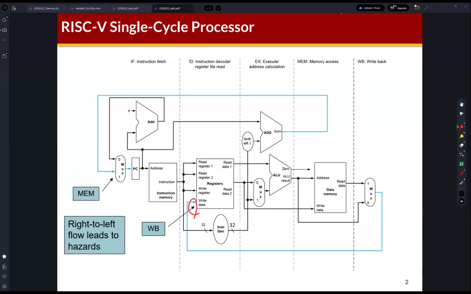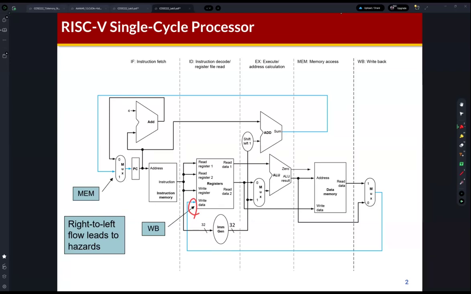Implementation is a little simple, but debugging is more tricky. It's more difficult than the actual design. So try to check the timing of your signals.